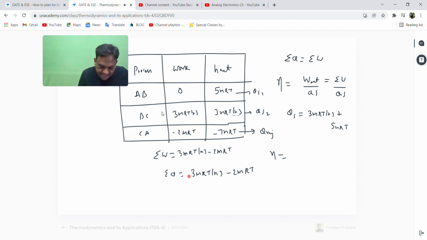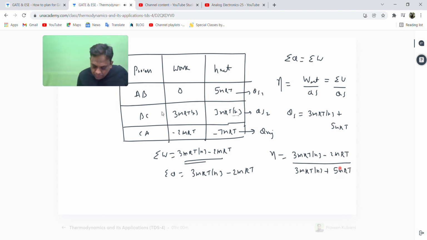Net work is sigma W: 3 MRT ln3 minus 2 MRT by heat supply 3 MRT ln3 plus 5 MRT. So I can cancel out MRT. So 3 ln3 minus 2 by 3 ln3 plus 5. Anyone got the answer?